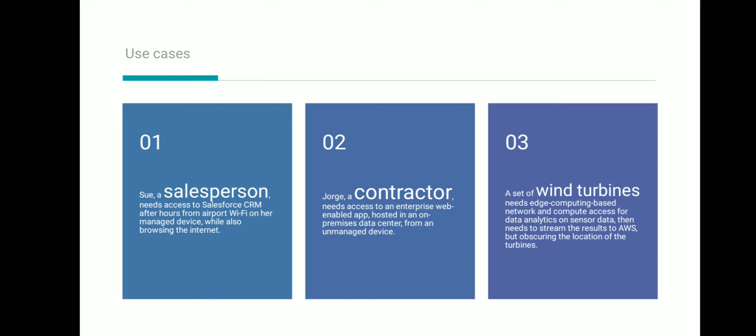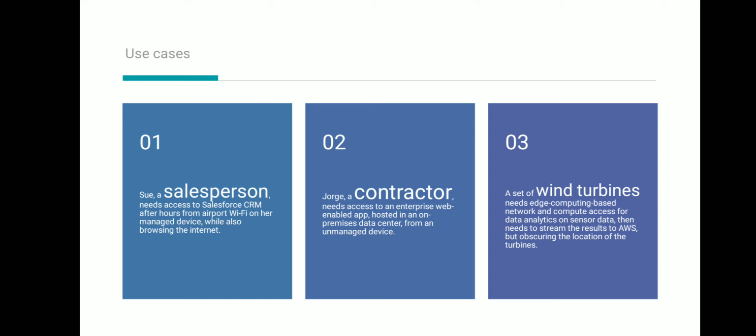When data is in transit, if any hacker attacks or tries to get access to that data, they should not come to know the location of those turbines. Look at the nature of the three different use cases. They are very different.